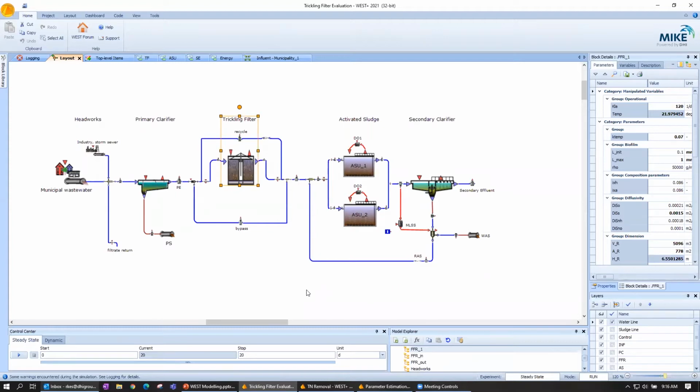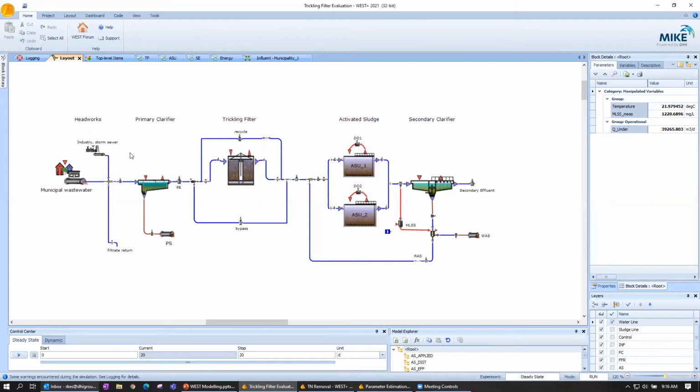And always please present your model to the operators, not just the project team and the engineers, because they're going to point out things that you don't think are relevant to a model. One time our operator was like, hey, why don't you include the skimming stream from the primary clarifier?